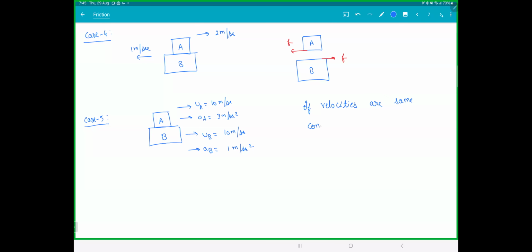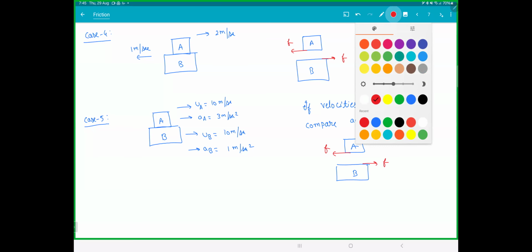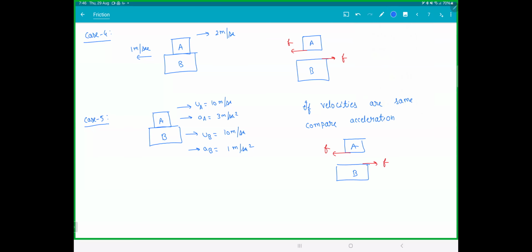Because if I give a small time, A has more acceleration, the speed of A becomes greater than the speed of B. So in this scenario, friction on A will be backward, friction on B will be forward. So if velocities are same, compare accelerations. Priority one is always velocities.